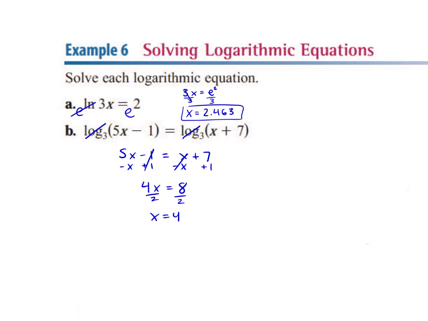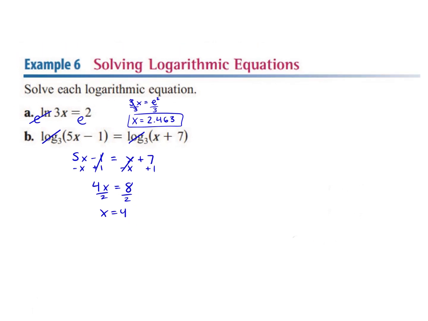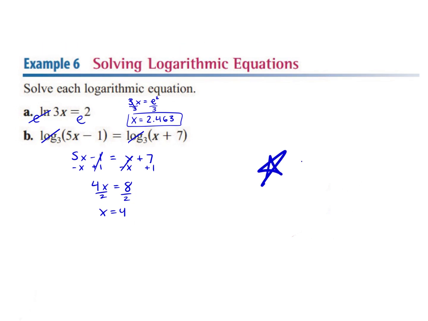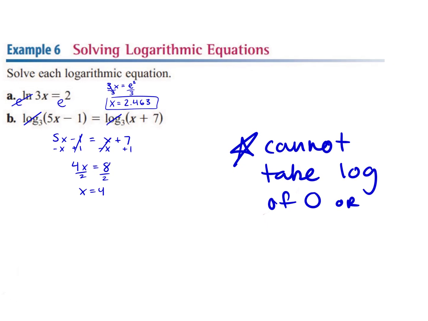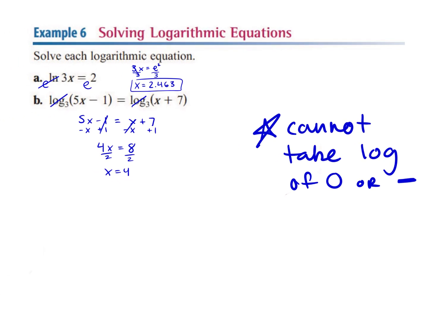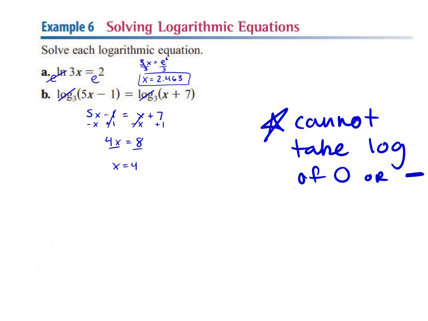Now, when we have log equations, there's one thing that we have to keep in mind. We cannot take the log of 0 or a negative number. I was going too fast. We need to divide by 4, and our answers too.